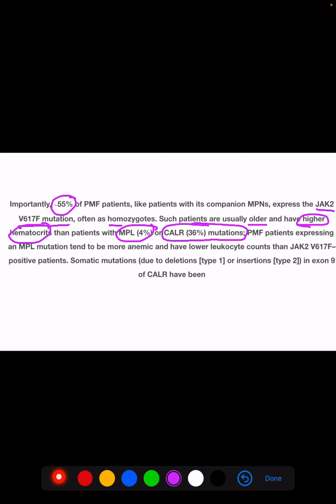Primary myelofibrosis patients expressing an MPL mutation tend to be more anemic and have lower leukocyte counts than JAK2 V617F positive patients.